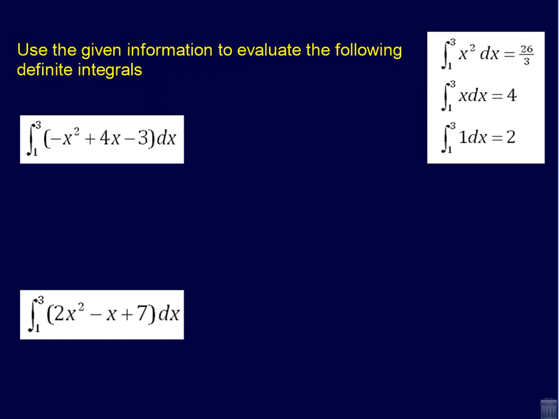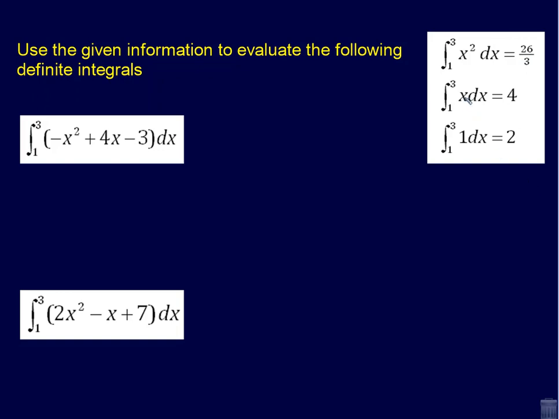But what I'm going to do is give you 3 integral values that you can just use as your helpers in this one. I'm going to give you 3 integral values over here in the upper right corner. The function x squared from 1 to 3, I'm just going to give you that one. I know the exact area under the curve on that interval is exactly 26 thirds, which is like 8 2/3.